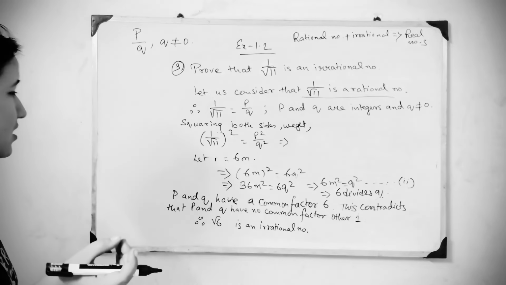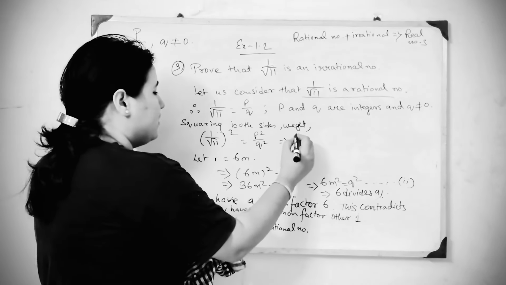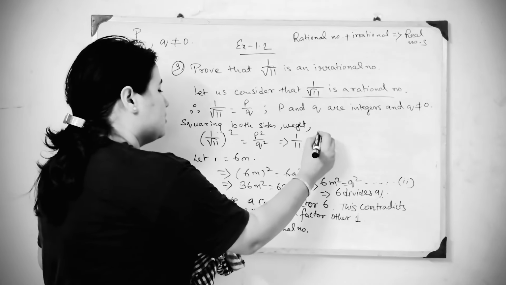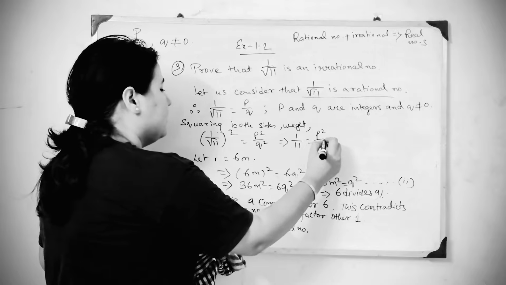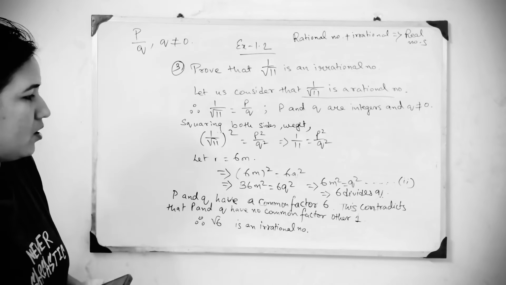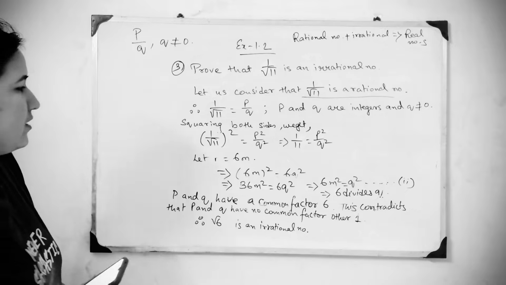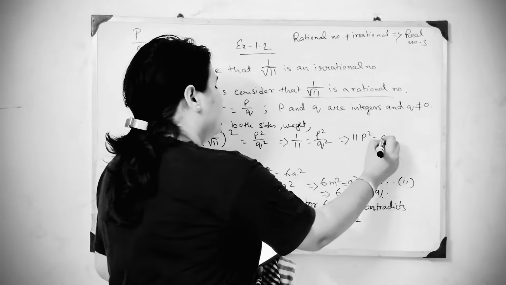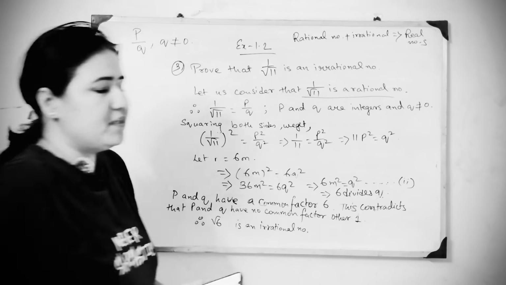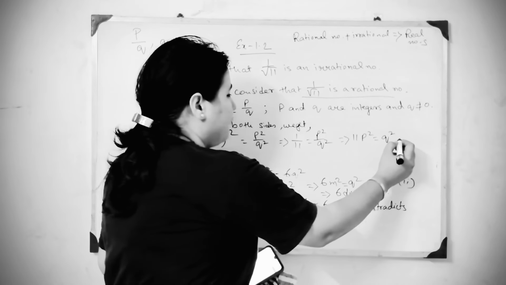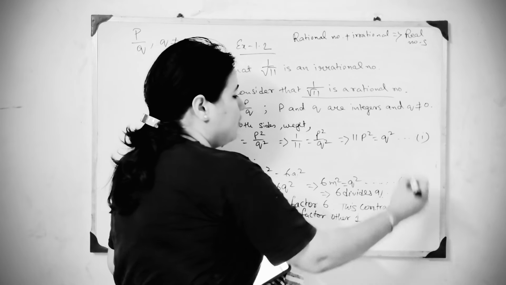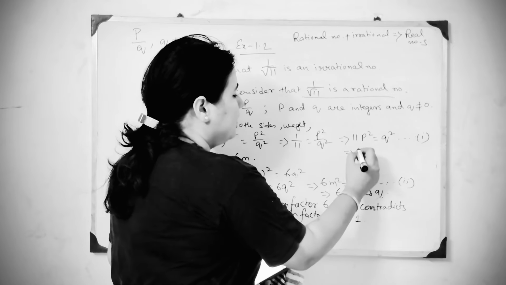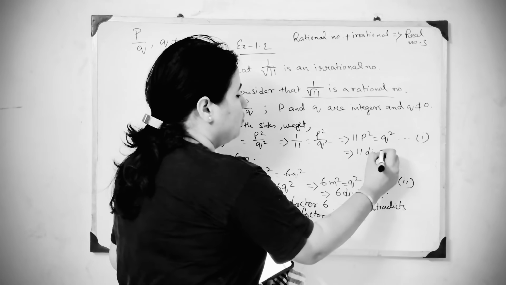So I will take it as 1 by 11 equals p square by q square, or I can also write that 11p square equals q square. From this equation, I can conclude that 11 divides q.